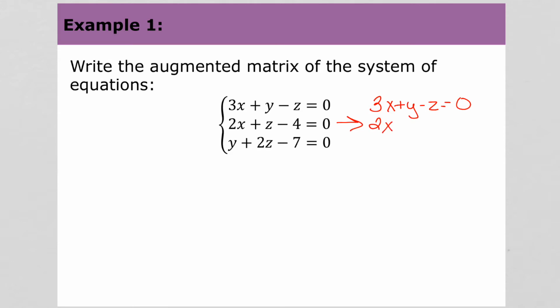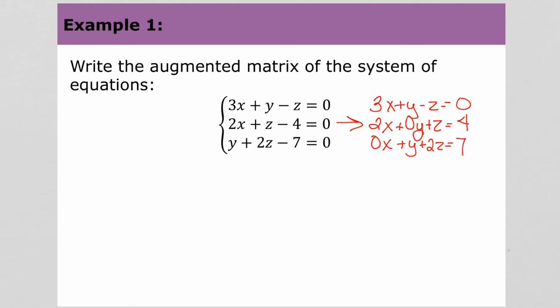We've got 2x. We don't have a y, so we'll say 0y, and you'll see why here in a second, plus z, and we're going to get that 4 over on the other side, so add it to equal 4. And then the last row also isn't in the correct order. We'll say 0x plus y plus 2z and get the 7 over by adding it.